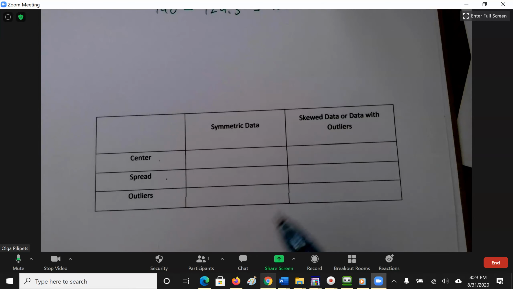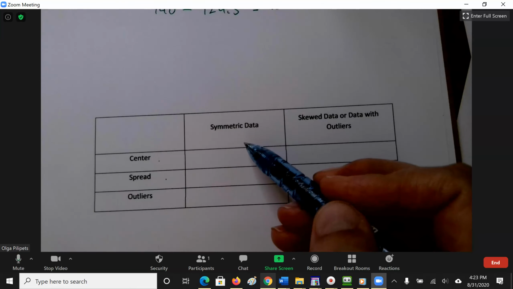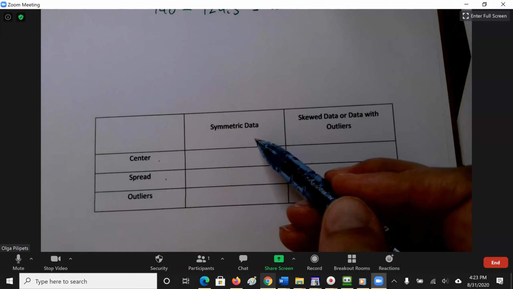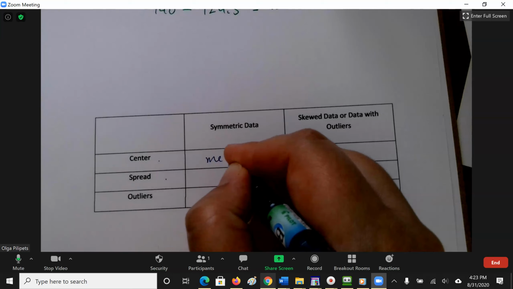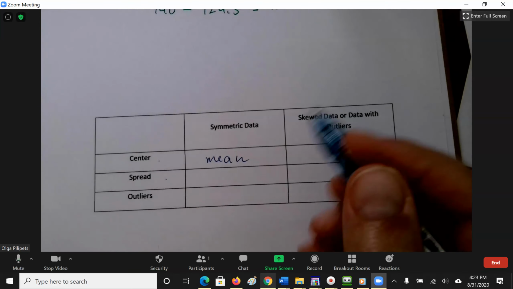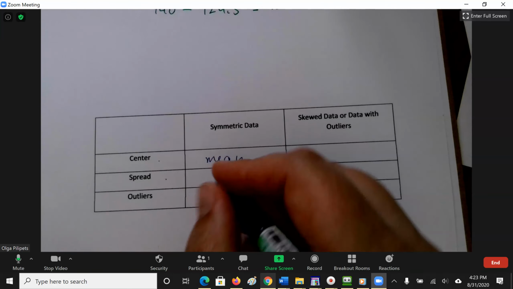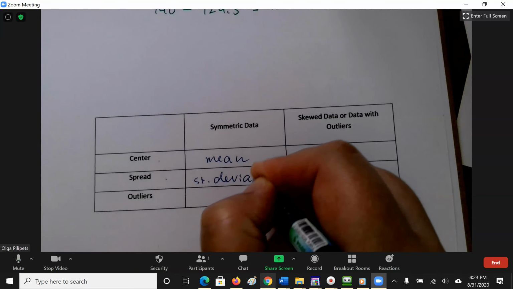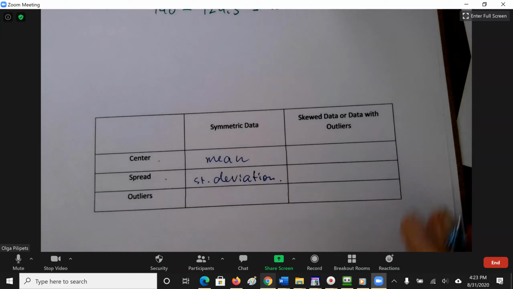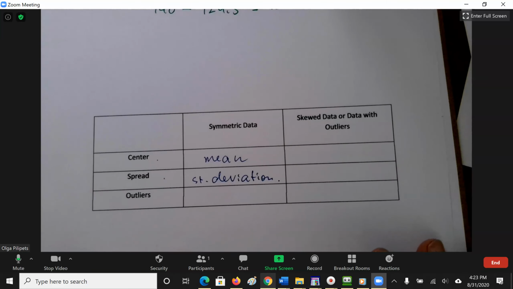For symmetric data or normal data, for the measure of center, you're going to use mean. And for the spread, you're going to use the standard deviation. All right, for symmetric data.